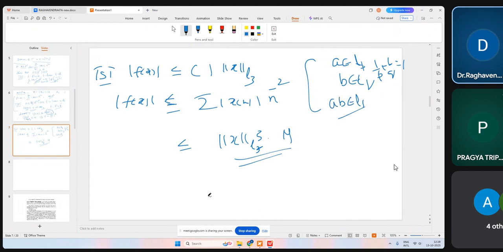This we have done, right? And not only that, the summation of a_i b_i is less than or equal to the Lp norm of a times the Lp norm of b. I want this with the 3 norm here. That means p is 3, is it not?